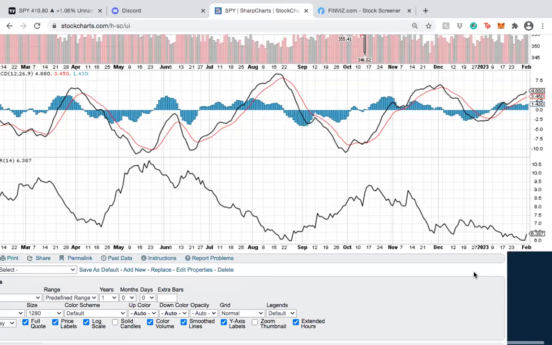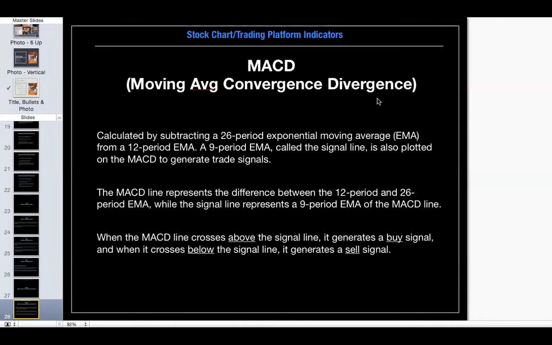Technology has done it for you already. Leverage technology, right? So this is going to give you that indicator of the MACD. But just so you understand what it is and how to do it, this is what it is, right? So it's by subtracting the 26 period exponential moving average from the 12 EMA, and then a 9-period EMA, which is the signal line. It's plotted on the MACD.